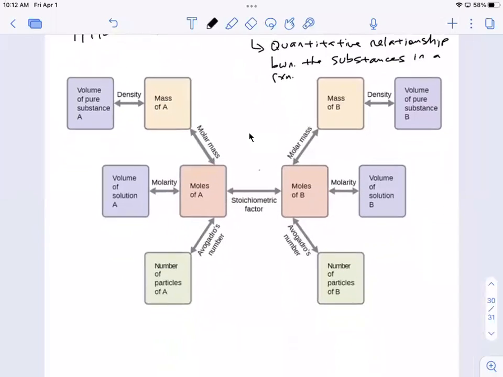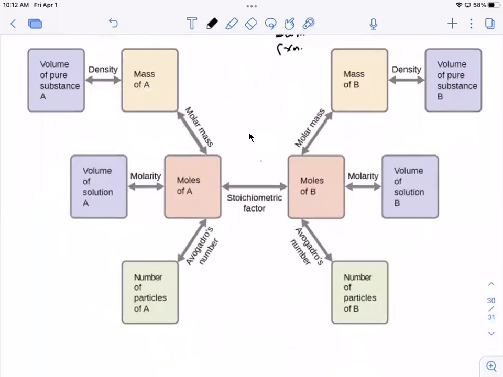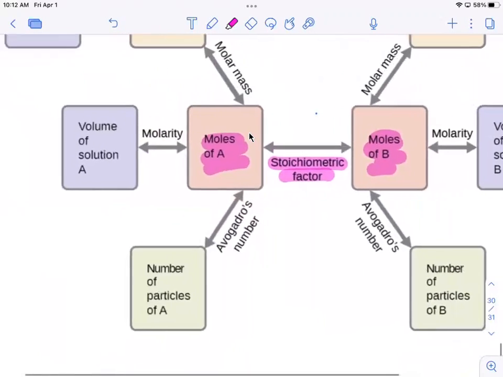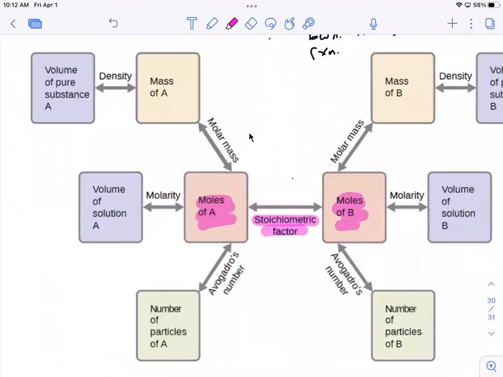So you see here in this diagram, you've got moles of A and moles of B. And depending on what the ratio is between them, that's how you interconvert. So for any given chemical reaction, you can interconvert between any of the substances using the stoichiometric ratio, right? We're going to jump right in and do that, and I'll show you what I mean by that. But if you have moles, you can get anything.